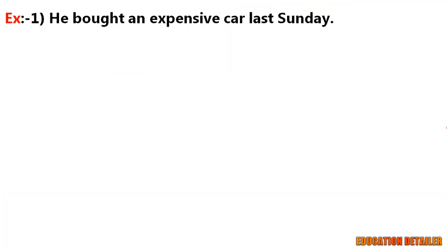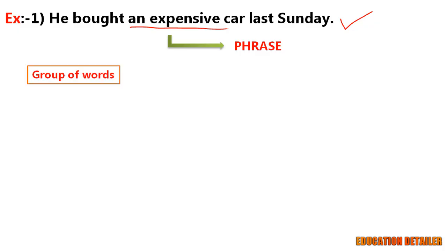Let's look at some examples to understand a phrase even better. He bought an expensive car last Sunday. Here, an expensive car is a phrase because it is made up of a group of words. And is there any subject here completing an action?